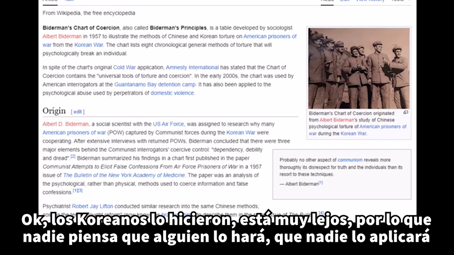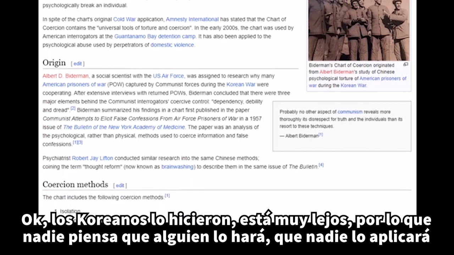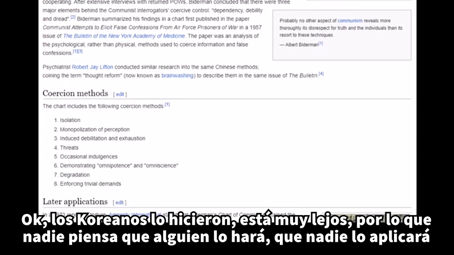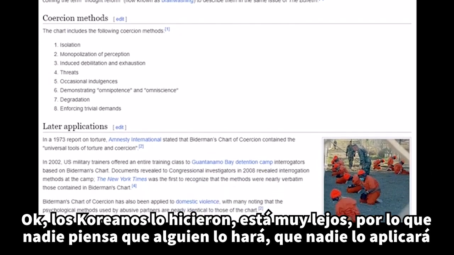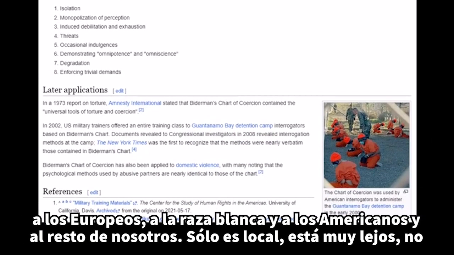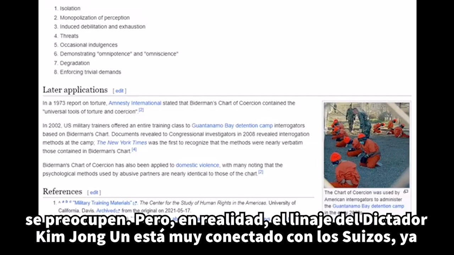Yeah, okay, the North Koreans did it. It's far away, so nobody thinks anybody's going to do it. Nobody's going to apply it to the Europeans, to the white race and the Americans and the rest of us. It's only local, it's far away, don't worry.